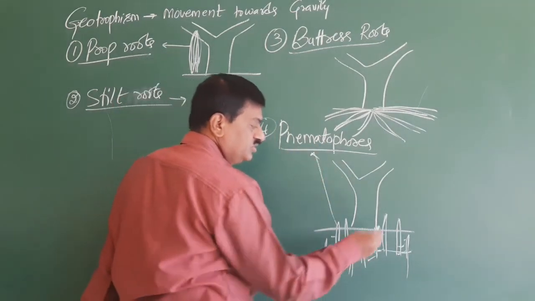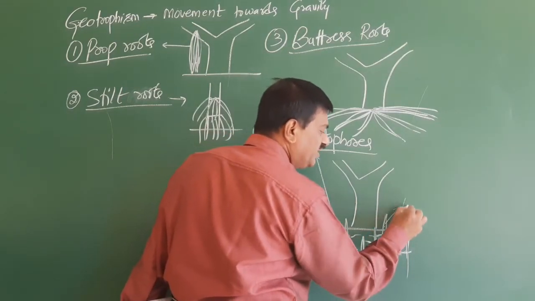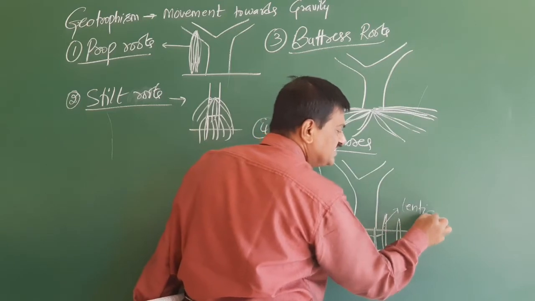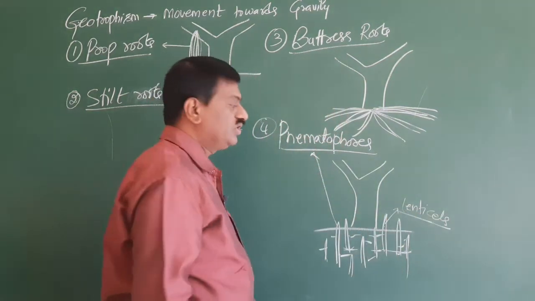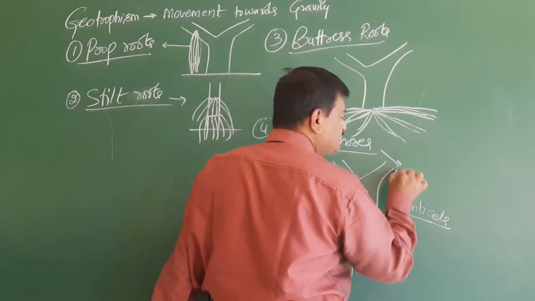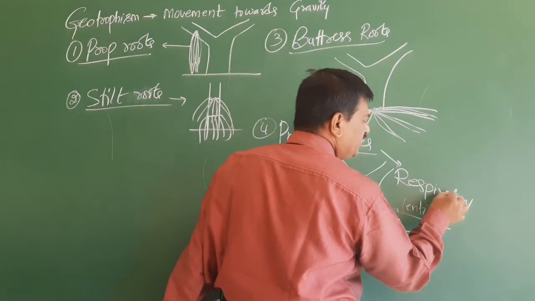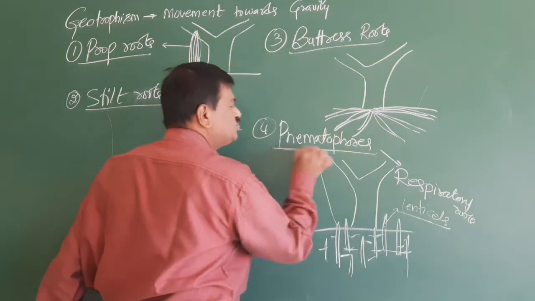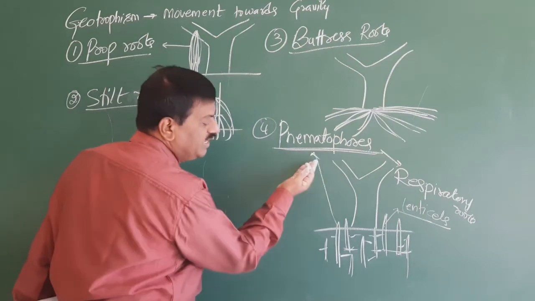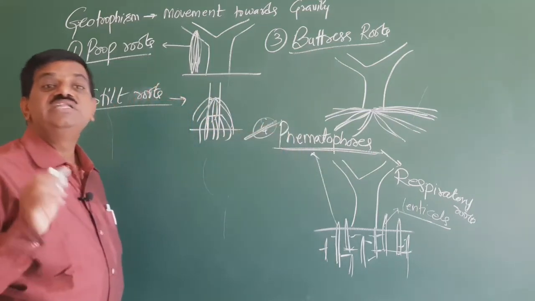So these pneumatophores have microscopic openings called lenticels. And these lenticels take in air and give out air. So these roots help in respiration, and they are also called respiratory roots. These roots are growing away from gravity. Hence the right answer is pneumatophores.